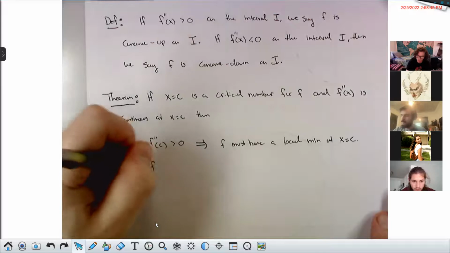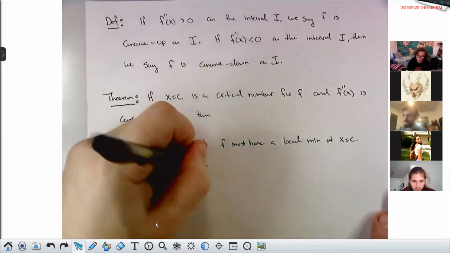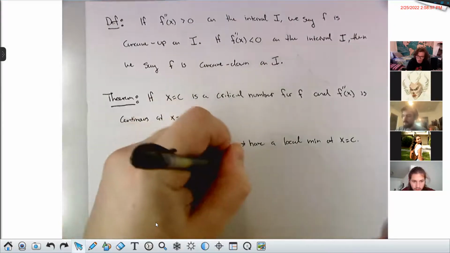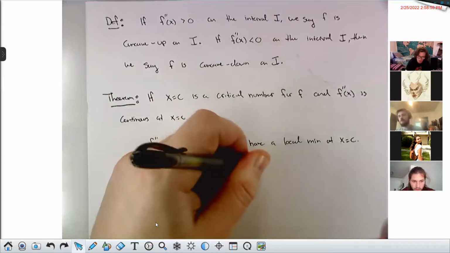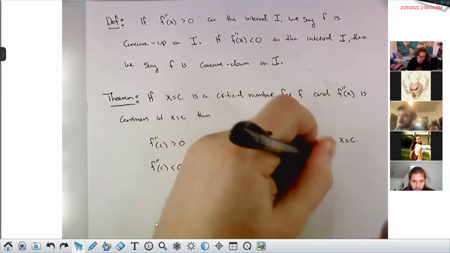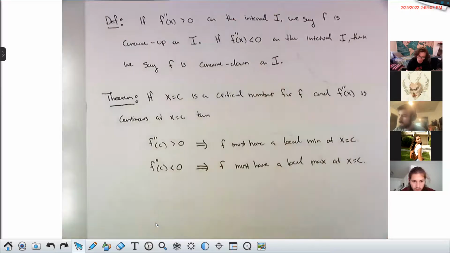And if f double prime of c is negative, then f is concave down, which means that f must have a local max. This is called the second derivative test.